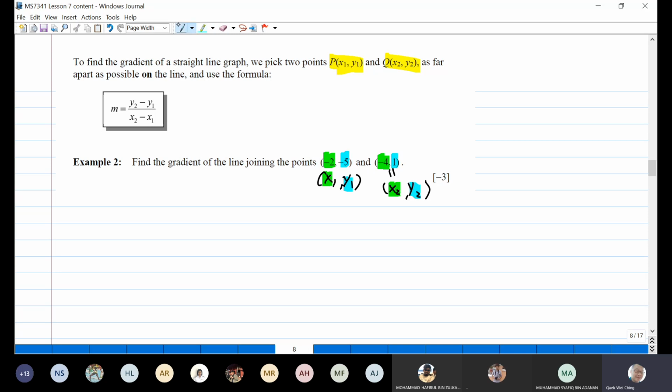Based on this formula, m equals y2 minus y1 over x2 minus x1, right? So y2 is 1 minus y1, which is -5. Remember the order, y is on top, x below. Now x2 is -4 minus x1, which is -2.